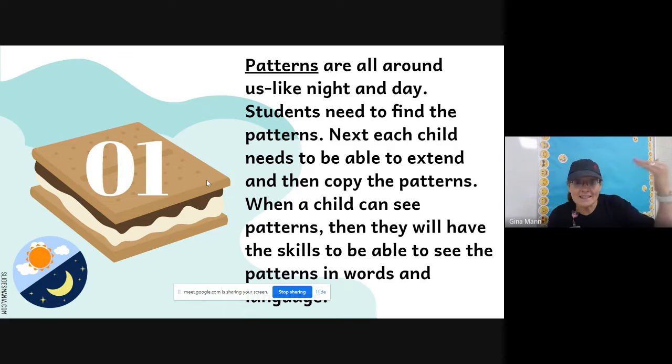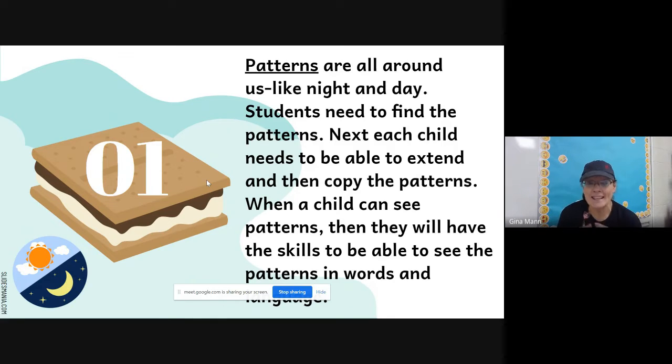Then the next step to make it a little more difficult, the higher level thinking, is to copy the pattern. When I say copy the pattern, I mean we give them something and show them, and then they have to use other objects to make that same type of pattern, ABA or ABAC, however difficult you want it to be.